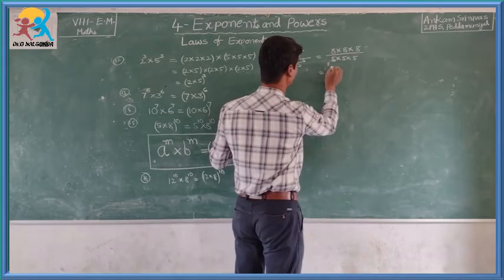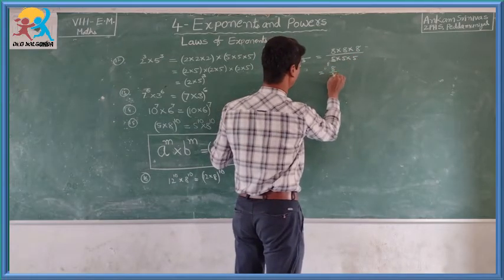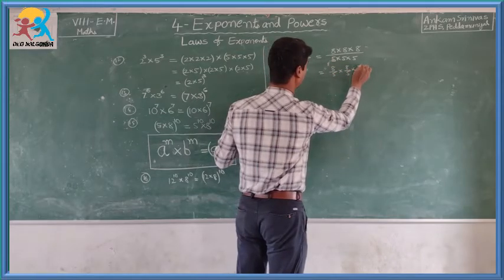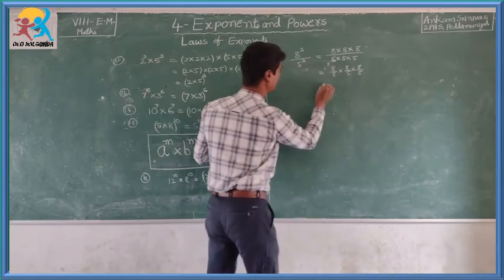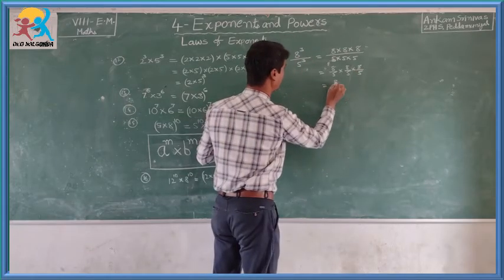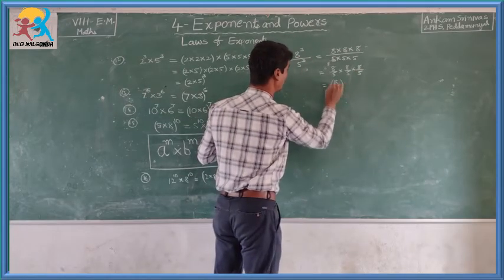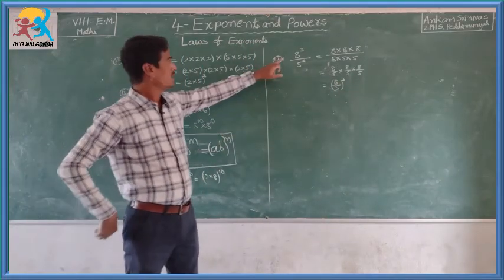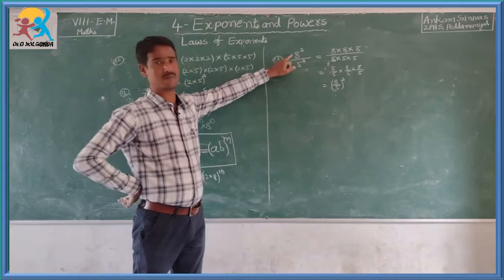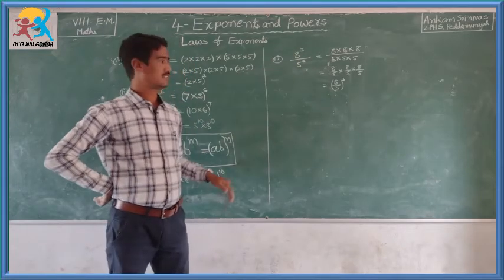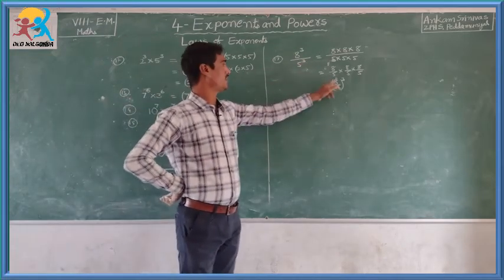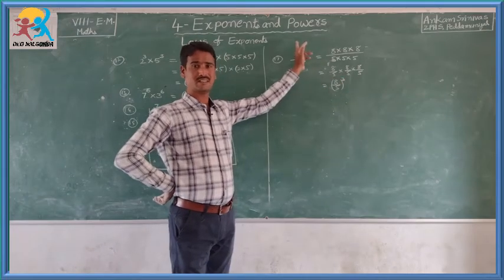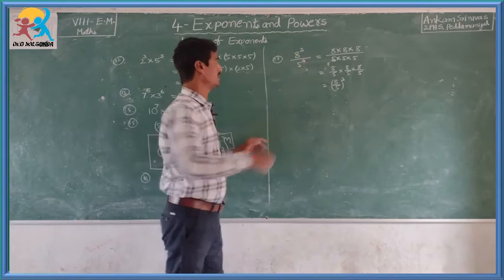So this one is 8 by 5 into 8 by 5 into 8 by 5. This becomes 8 by 5 whole cube. So when two terms with the same exponent are divided, the bases should be divided. Take the exponent as given, equal exponents.